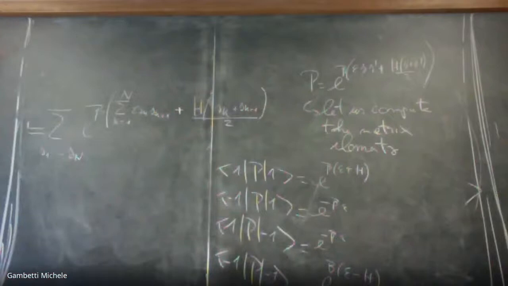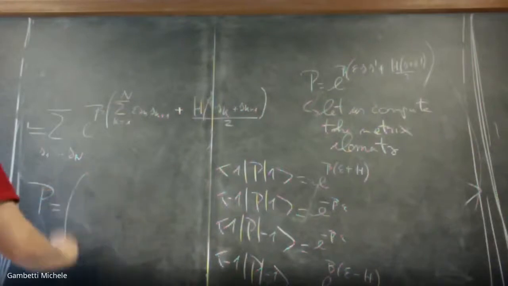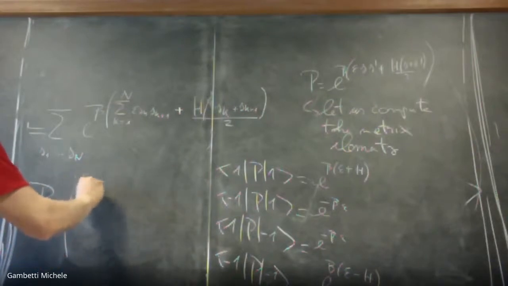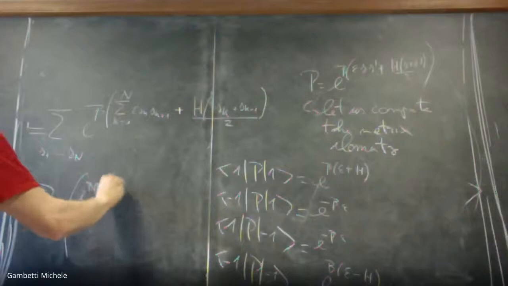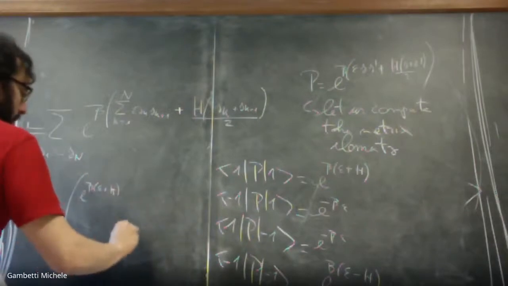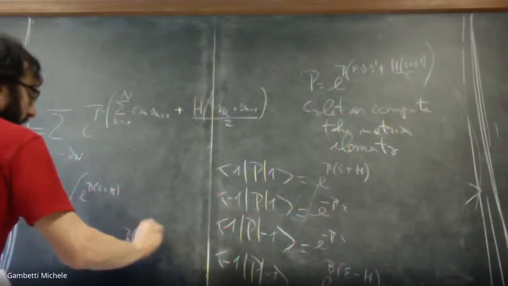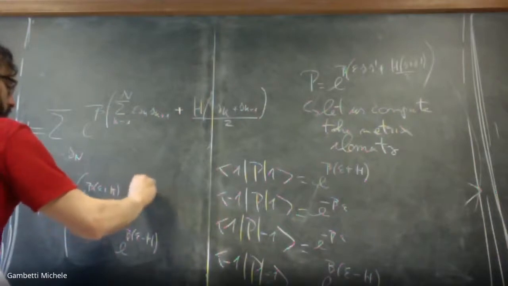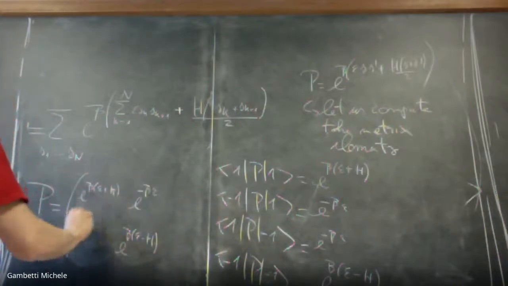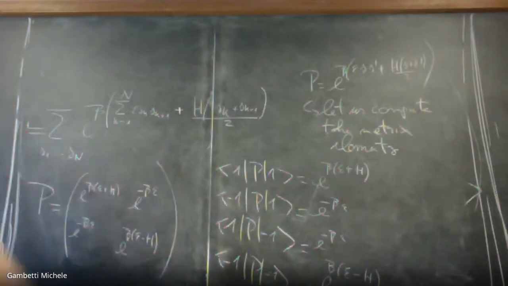Okay? So basically, the matrix form of this P is e to the beta epsilon plus h, e to the minus beta epsilon, e to the minus beta epsilon, e to the beta epsilon minus h. Now you will see in a moment why it is useful to introduce this matrix.